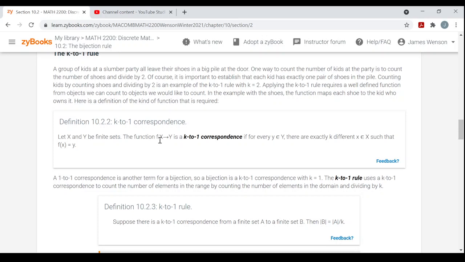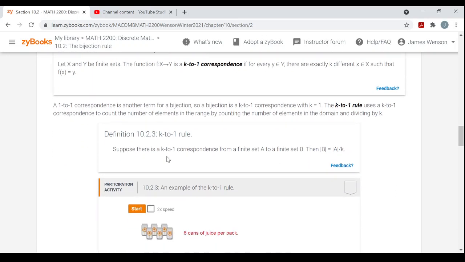A function f from X to Y is a k-to-1 correspondence if for every y in Y, for every element of the target, there are exactly k different elements in the domain that map to it. And if that's the case, the cardinality of X is k times the cardinality of Y. Or you could say the cardinality of Y is the cardinality of X divided by k.